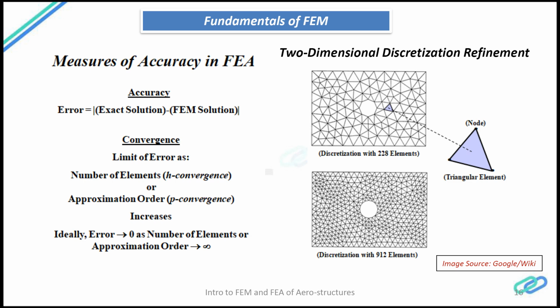The more elements, the more accurate the solution in terms of the stress distribution around the hole, around the cutout, than the coarse model. This is a very coarse model, and this is a very fine model.